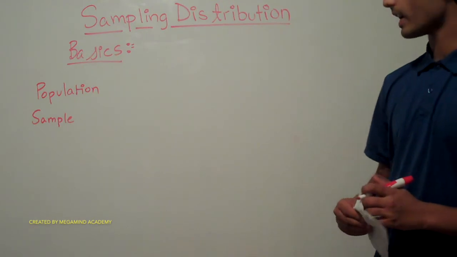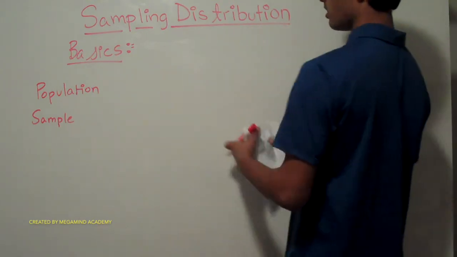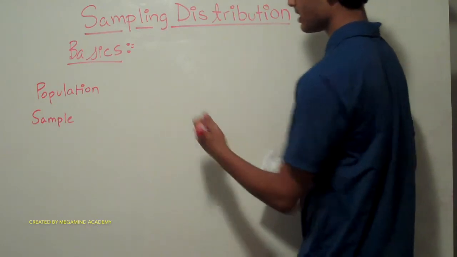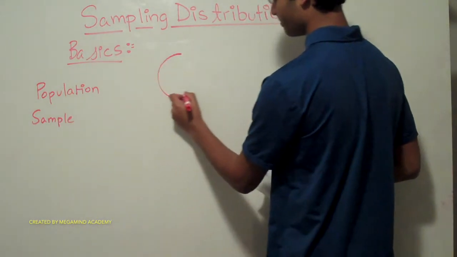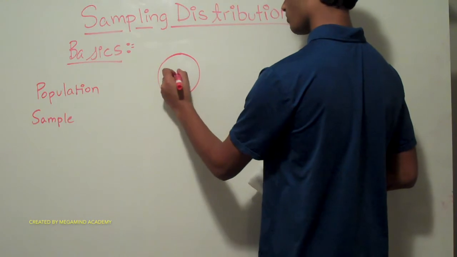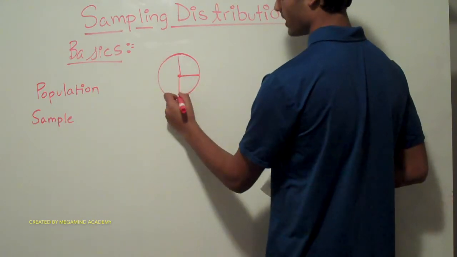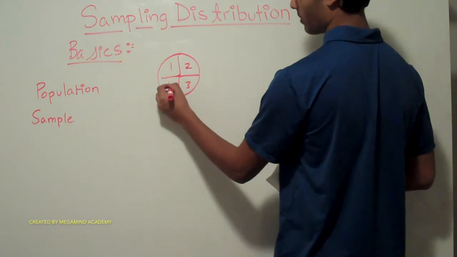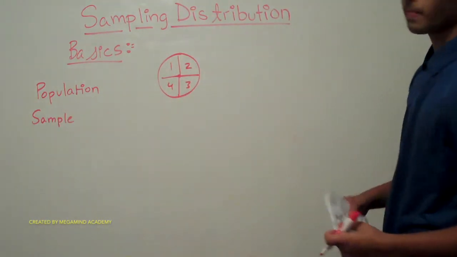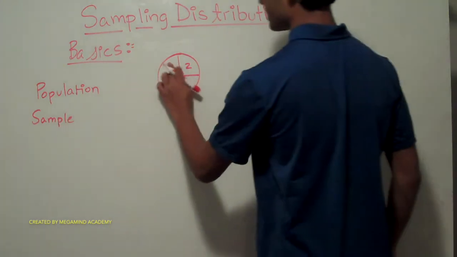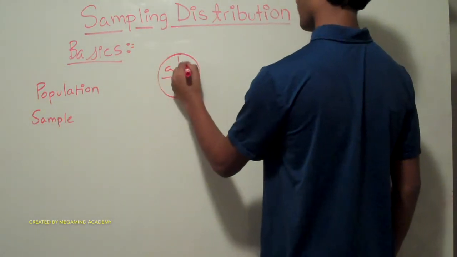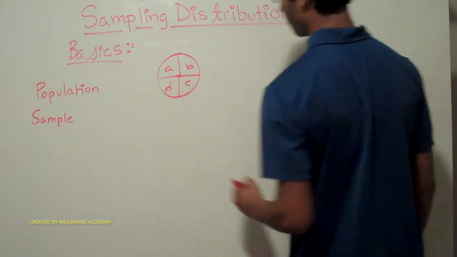So let's take a look at an example. Let's say you had a spinner, and this spinner was divided into 4 sections, each with a different letter, A, B, C, or D, each with a value of 1, 2, 3, and 4.